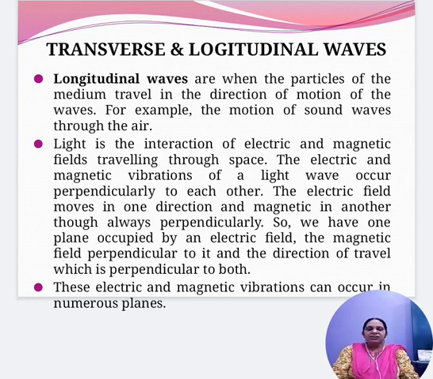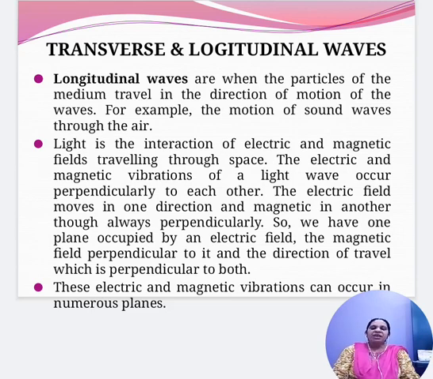So light is the interaction of electric and magnetic fields traveling through space. The electric and magnetic vibrations of a light wave occur perpendicular to each other. We have one plane occupied by the electric field, the other by the magnetic field, and perpendicular to these two planes we have the propagation of the wave.